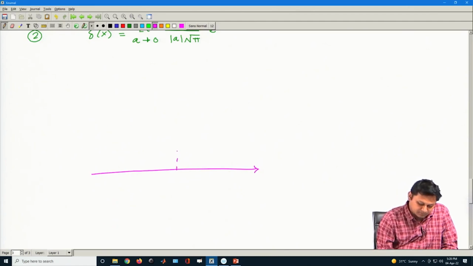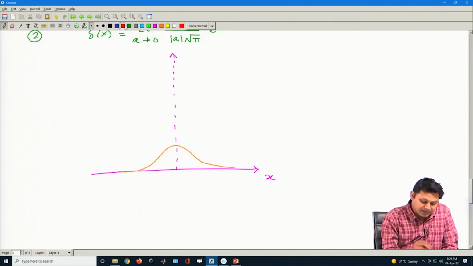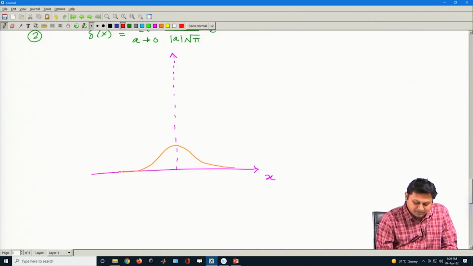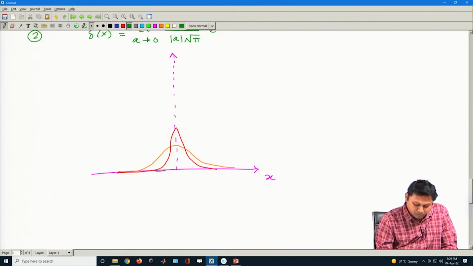So, this is the x equal to 0 point. Let me draw it. This is the x axis. Initially we have a Gaussian like this for a large value of a. Now, if you gradually reduce the value of a, we are going to get a function like this. If you reduce the value of a more, I will eventually get a Gaussian distribution like this.